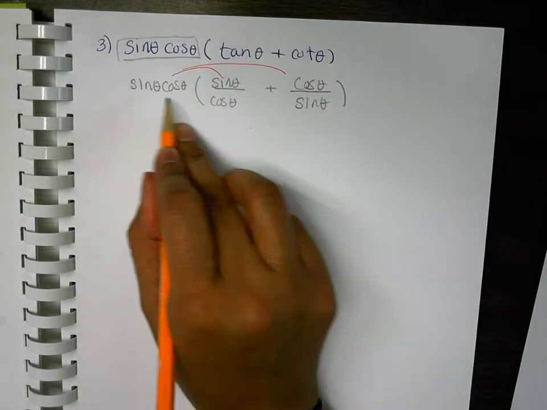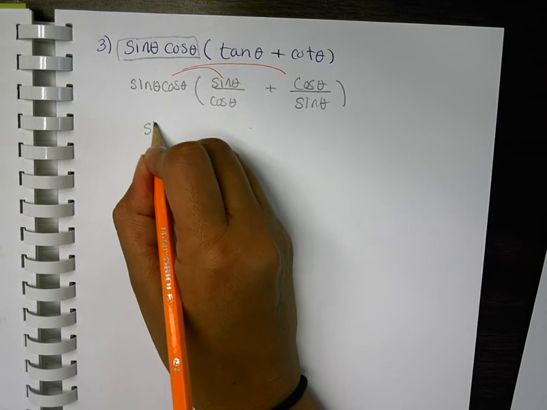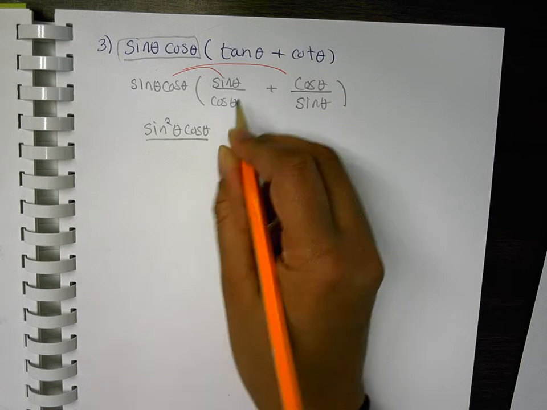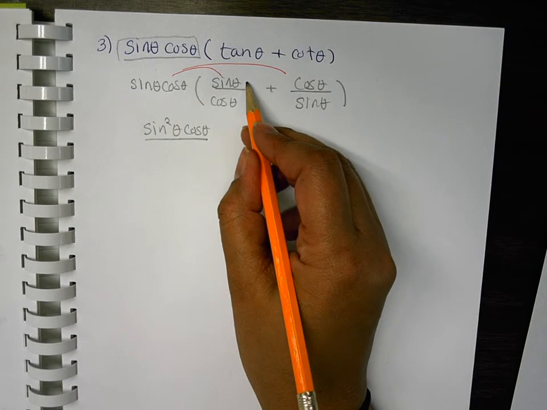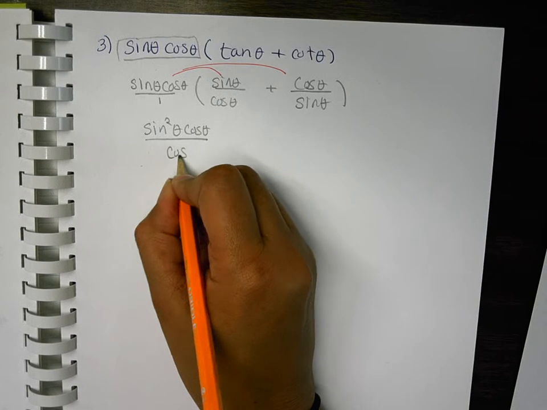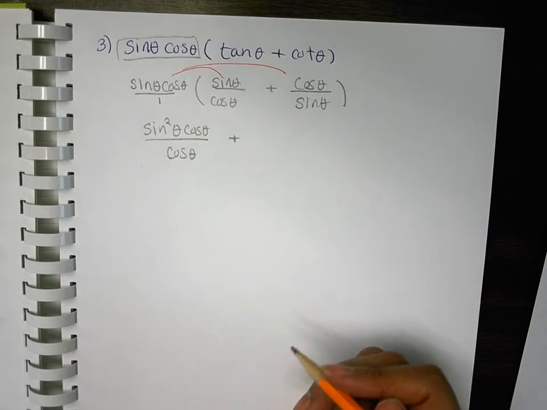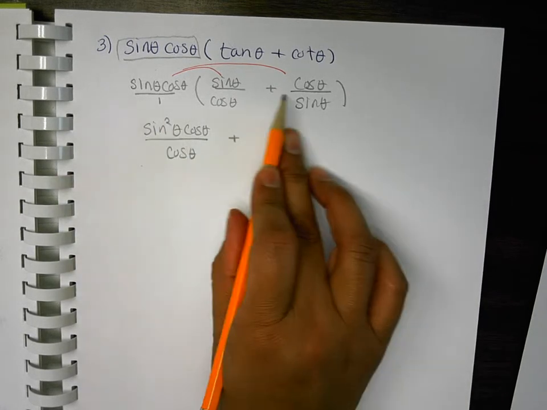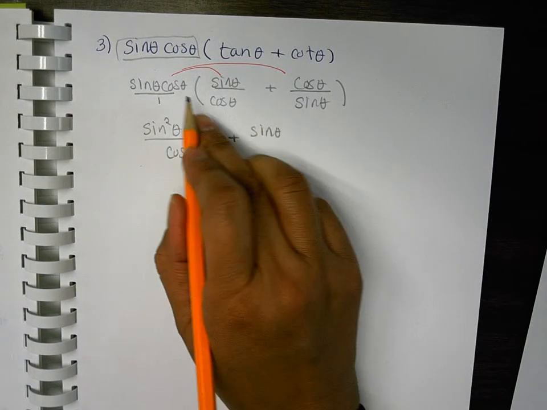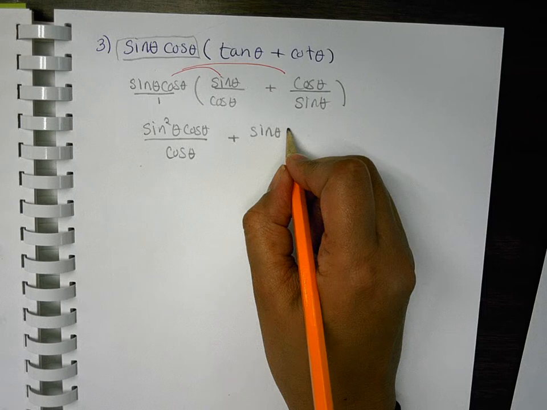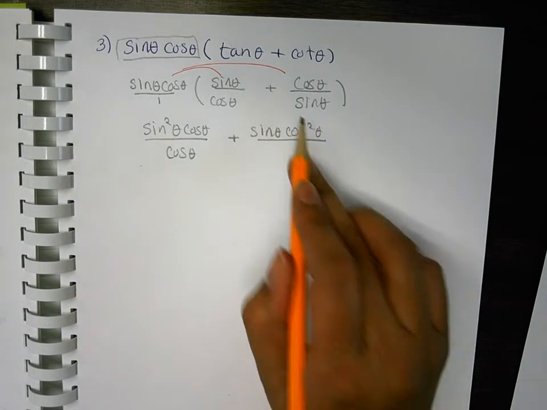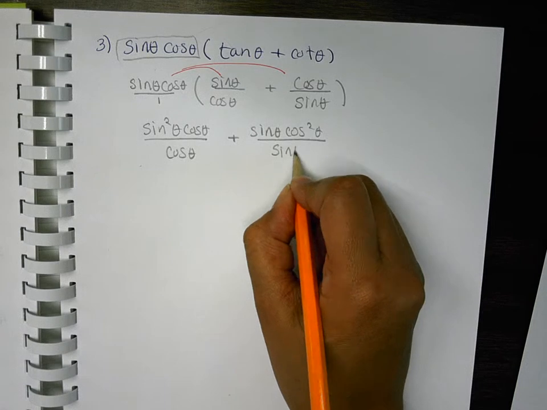Sine theta times sine theta is sine squared theta, and then cosine theta stays cosine because there's no cosine here to make it squared. Do you see that? This is all over 1, and 1 times cosine is just cosine. All right, here sine theta times nothing is just sine theta, and then cosine theta times cosine theta is cosine squared theta. All over 1 times sine theta is sine theta.